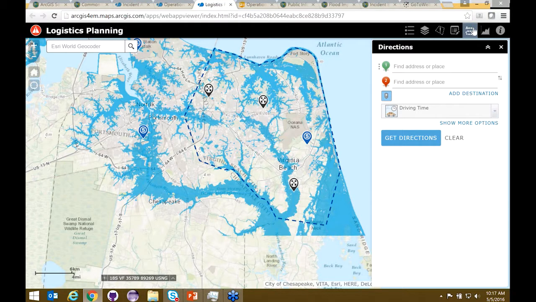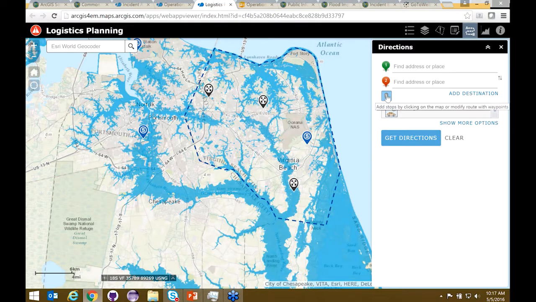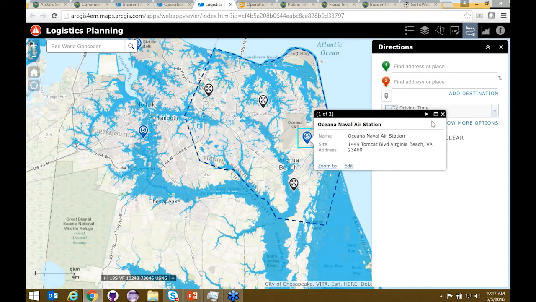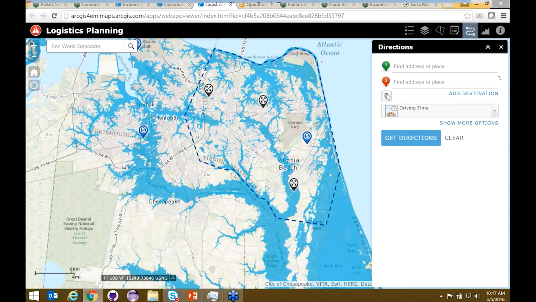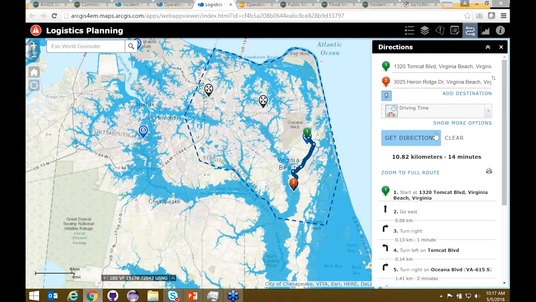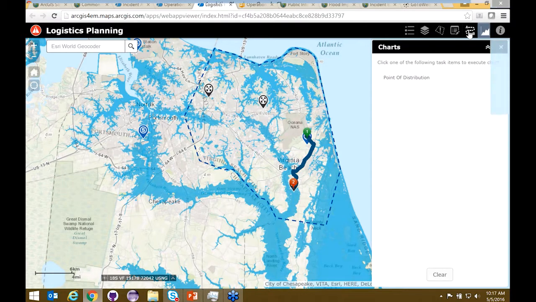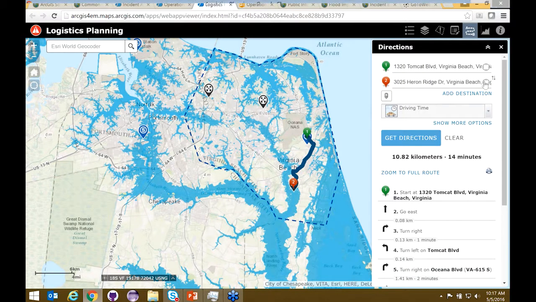So here's where the staging area is. So we'll do from here and go ahead and get directions. So we can then tell people how to get the commodities from point A to point B. So that's allocating resources and understanding where those resources are staged and how to get them to where they need to be.